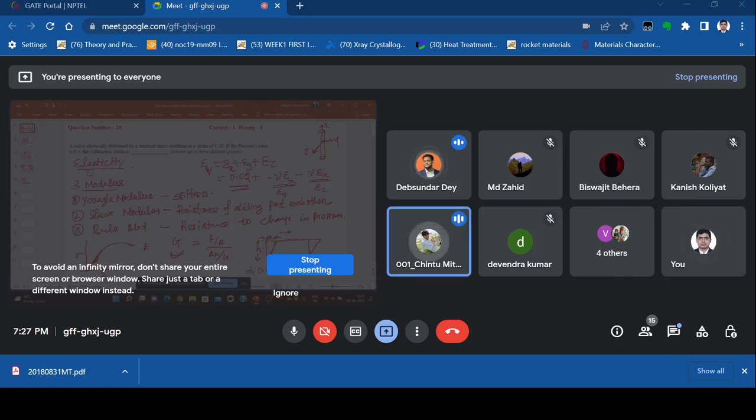So 0.008. Okay, so that is our answer. So is it clear? You just have to put in place of epsilon y and epsilon z this relation. So I hope this is clear.